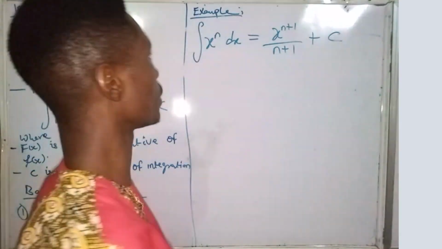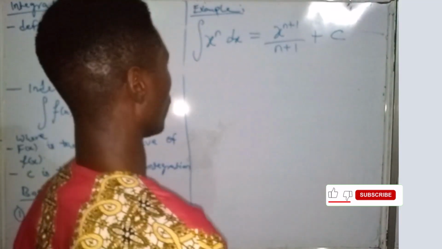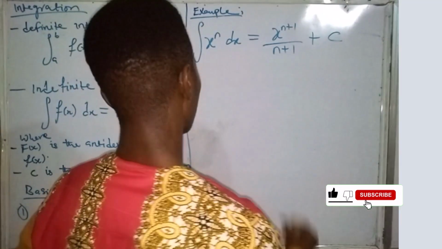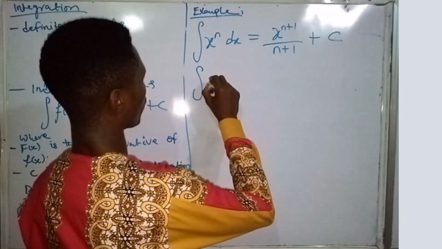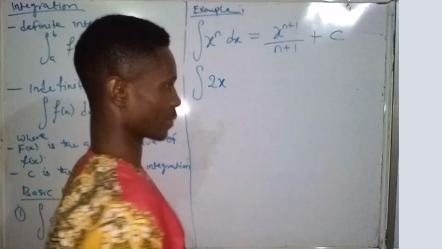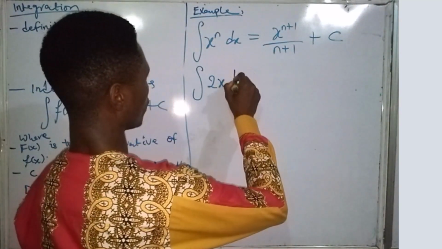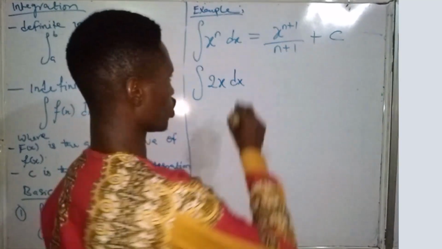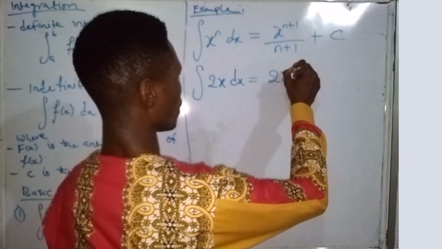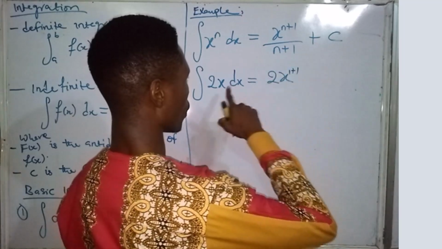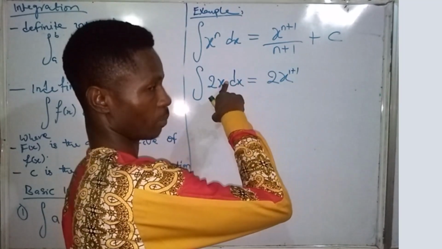So from this point, we can now form other questions like if we have integral 2x dx. So this is going to give us 2x raised to the power of 1 plus 1, because initially this one is already raised to the power of 1.